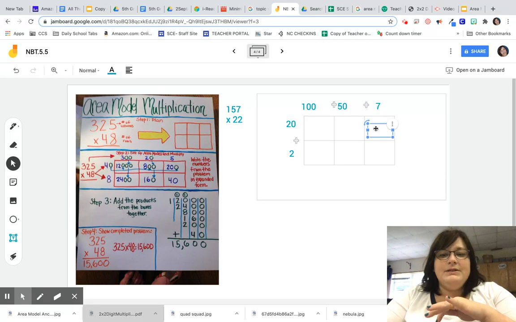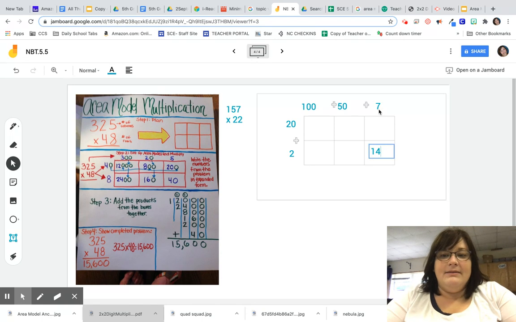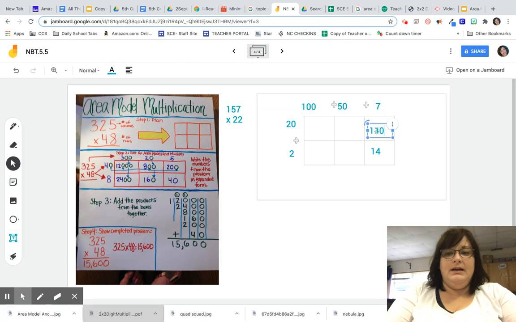The first thing I'm going to do is multiply 7 times 2. 7th column, 2nd row, 7 times 2 would be 14. Then I'm going to multiply 7 times 20. And that would be 140.